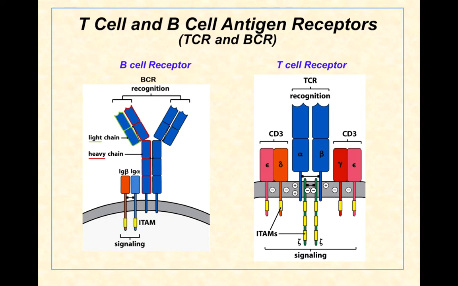Now, that's the part that's going to bind to antigens. And so most B cell receptors won't bind to, won't have an affinity for most antigens.